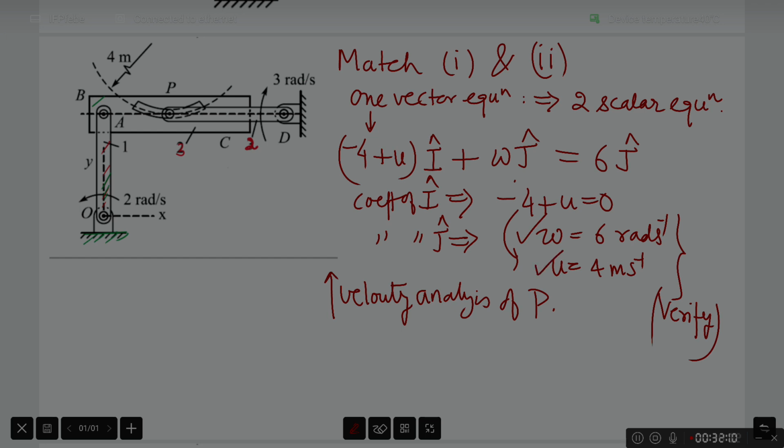So I can write these outcomes in full vector form. This is what we have now: 6 k radian per second, and Vp3 is known to be 4 meters per second along i direction.